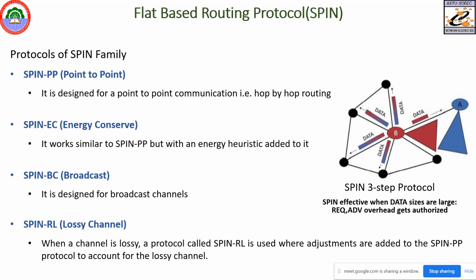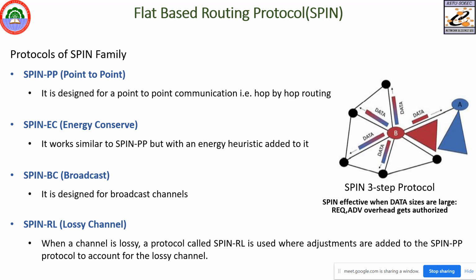So node B in this particular case has to receive the advertisement which is transmitted by node A. So node B has to send a request to node A for getting the data back from node A. So once node B receives the data, again it has to rebroadcast that information, as we discussed in the same case. It has to rebroadcast the request. Once the request is received by that particular node, it has to send the data.